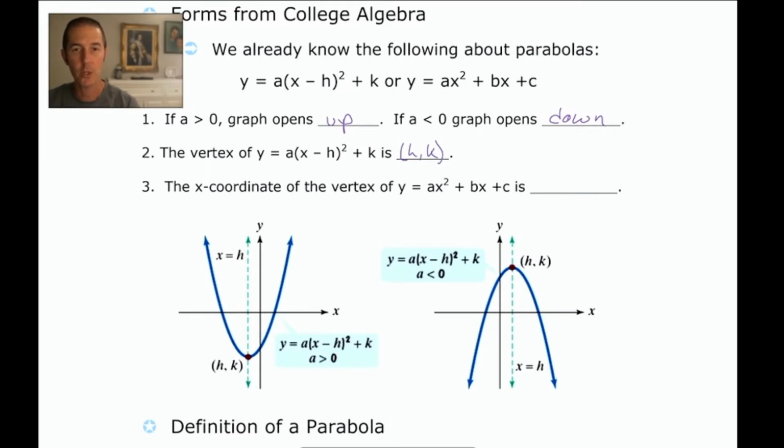The first thing you do is find the x-coordinate, by taking the opposite of this b value and dividing it by twice the a value. So the x-coordinate is negative b divided by 2a. If you wanted to find the y-coordinate of the vertex, you would take whatever that x value is and plug it back into the equation in place of x and calculate y.